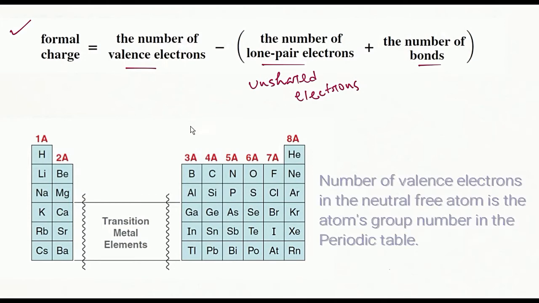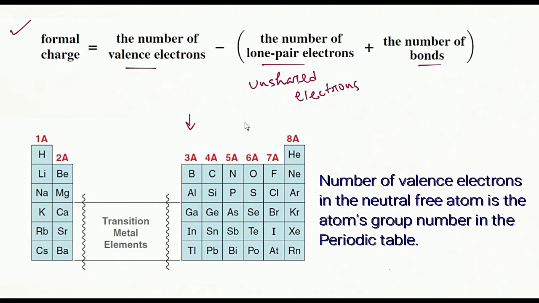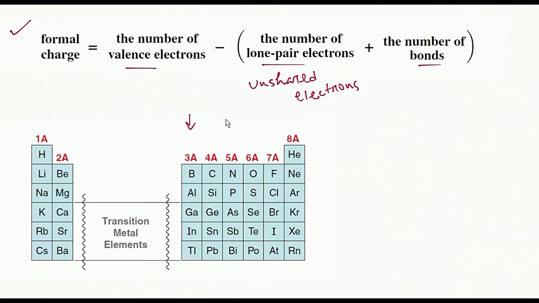The group number indicates the appropriate number of valence electrons for each atom. For example, carbon is in group 4A. Therefore, it has 4 valence electrons. Nitrogen is in group 5A of the periodic table. Therefore, 5 valence electrons. Oxygen is in group 6A.